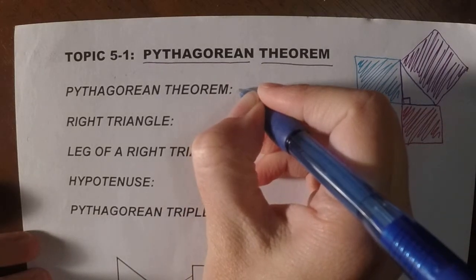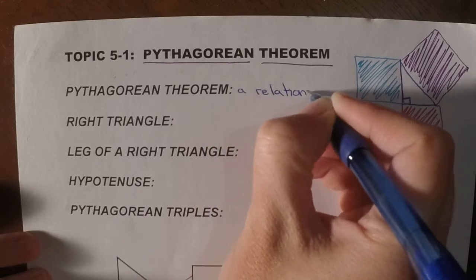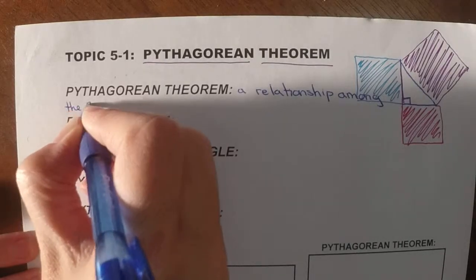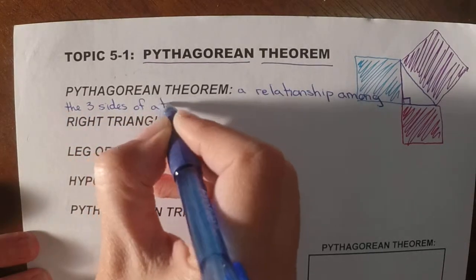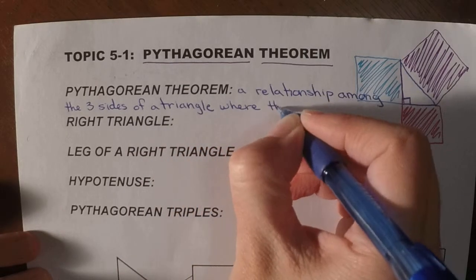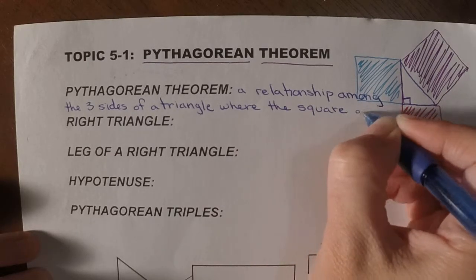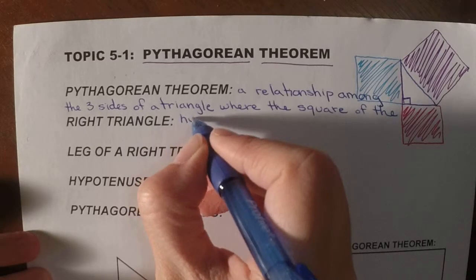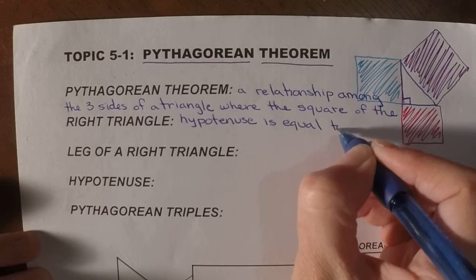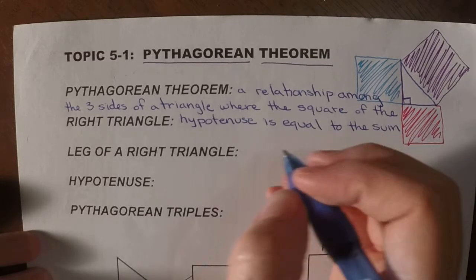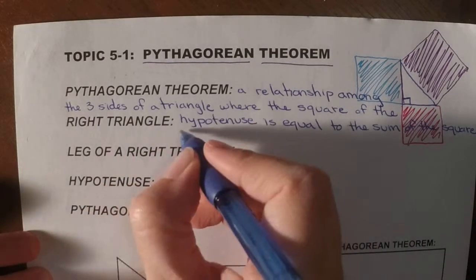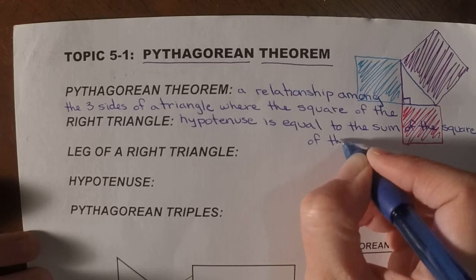The Pythagorean theorem is a relationship among the three sides of a triangle where the square of the hypotenuse is equal to the sum of the square of the other two sides.